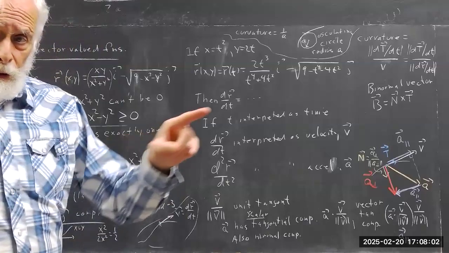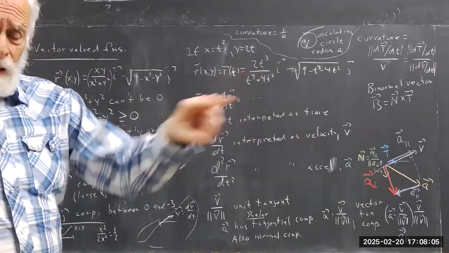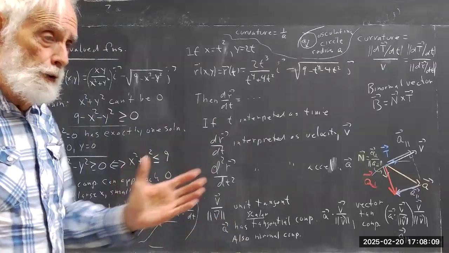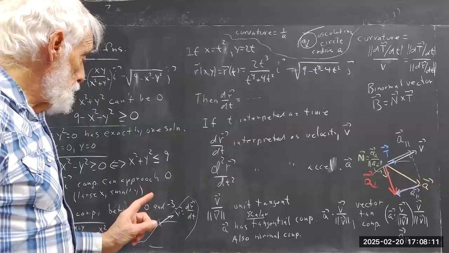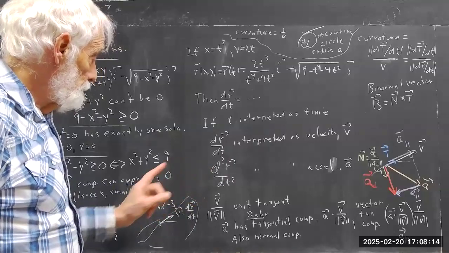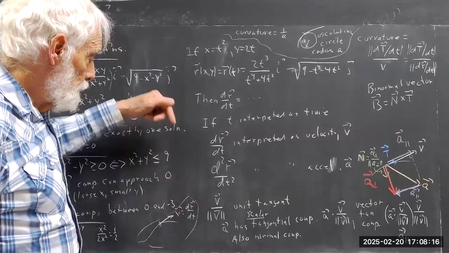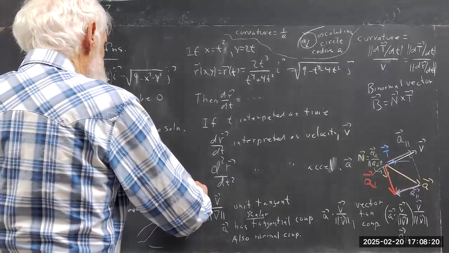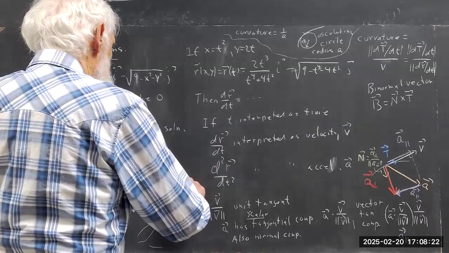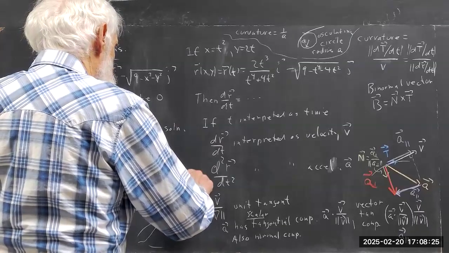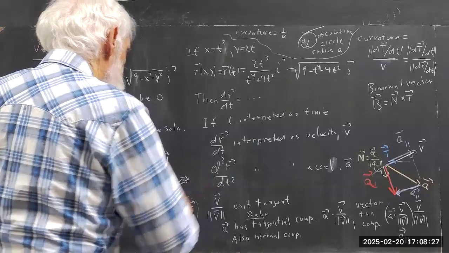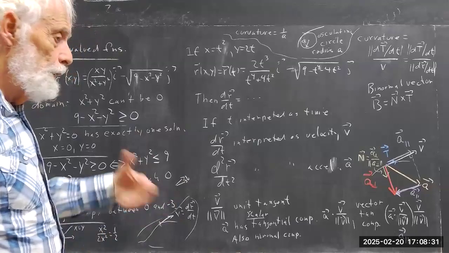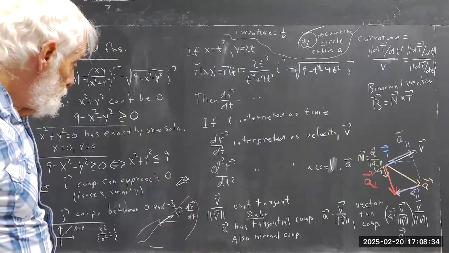Now, I'm going to say that we have an acceleration. Unless we're moving along a straight line at constant speed, we're going to have an acceleration. If our direction changes from this way to this way over some short time, if our velocity vector changes from this to this, then the vector from the tip of this vector to the tip of this vector is our change in velocity.